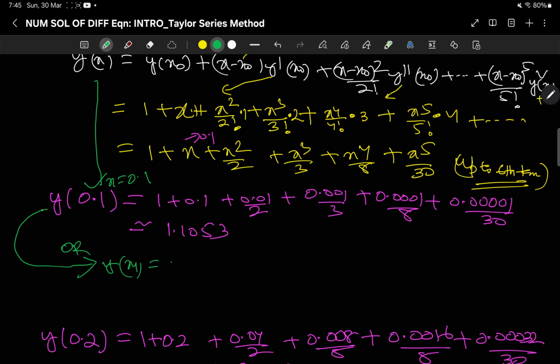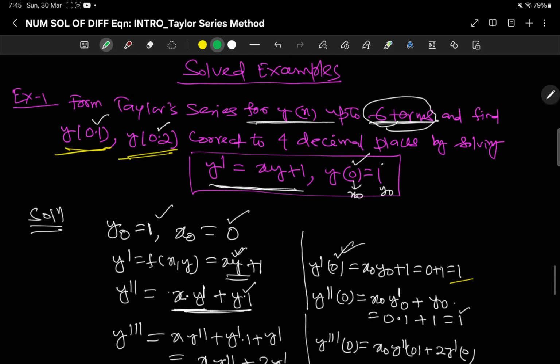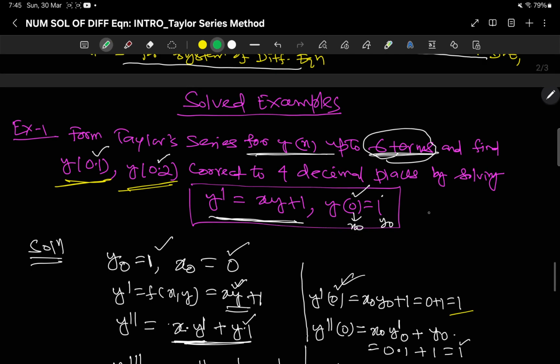Y of x1 is equal to y of 0 plus h y dash x0 plus h square by factorial 2 y double dash x0, like this, and here h is given in the interval, I want to solve in the interval 0 to 0.2, with spacing h is 0.1, so that here 0.1, then here 0.2, right.